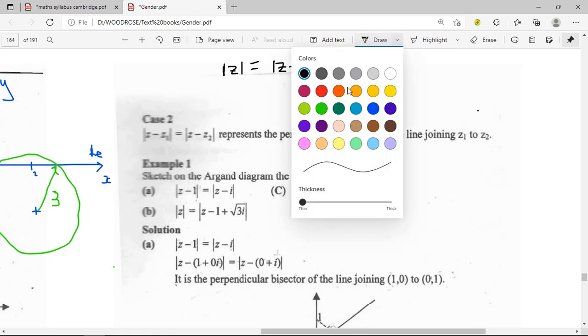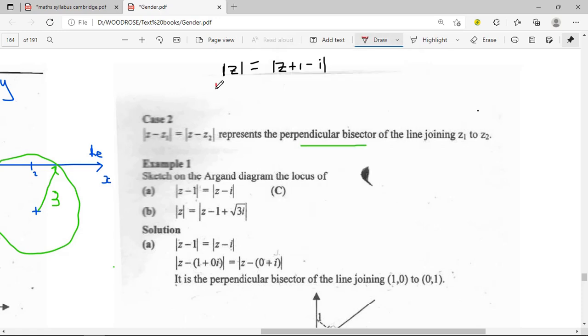So let's write the above in that form, where we are saying z minus z1. So this one is the same as modulus of z minus, then I open bracket. Since I don't have anything, it's the same as 0 plus 0i. Modulus is equal to modulus of what? z.